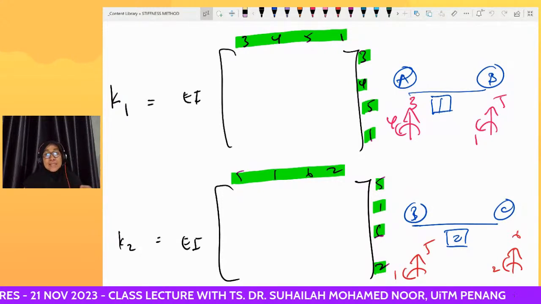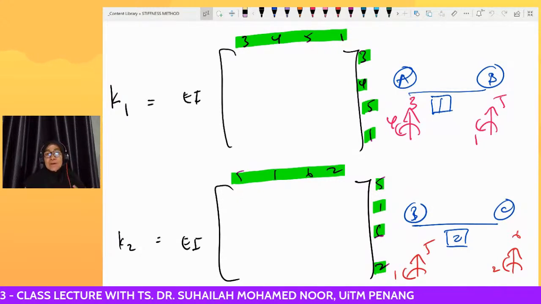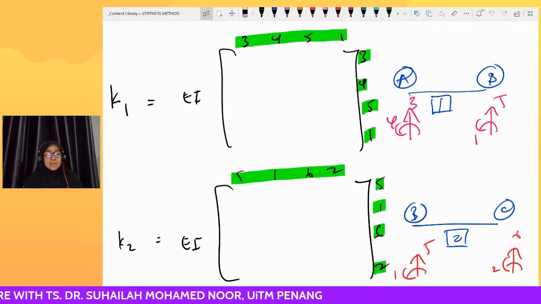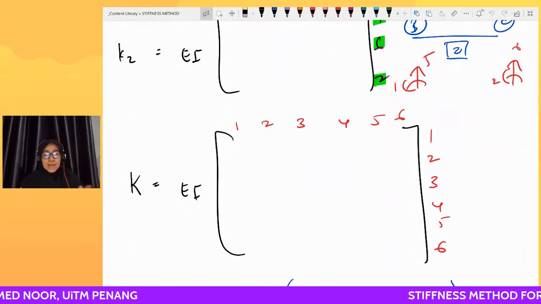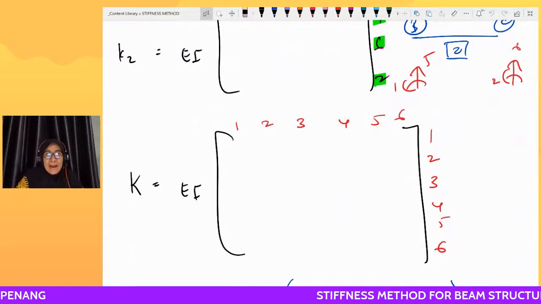So we add to the same positions 1 1, 1 2, 1 3, and so on until 6 6, so we have all 6 by 6 values for the structure stiffness matrix.